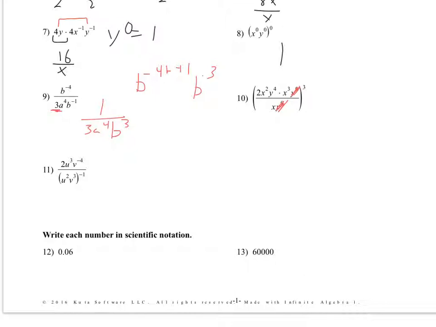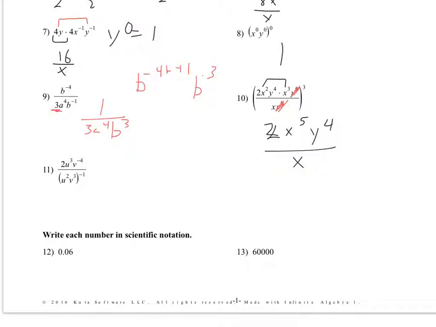Now I'm going to combine everything inside, and then I'm going to raise it all to the power. So 2 doesn't change. That's a 2. X to the second, x to the third is x to the 5th. And we've got y to the 4th all over x.